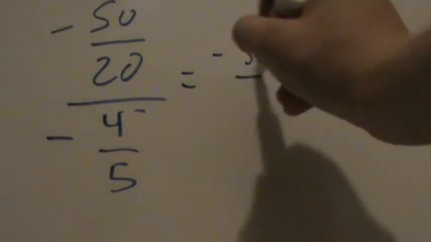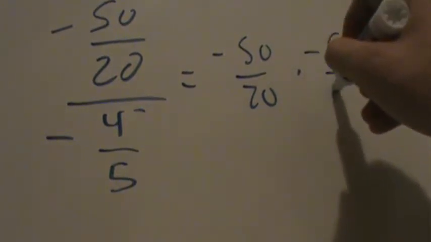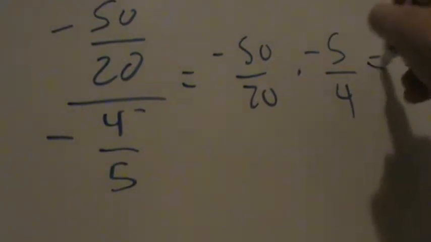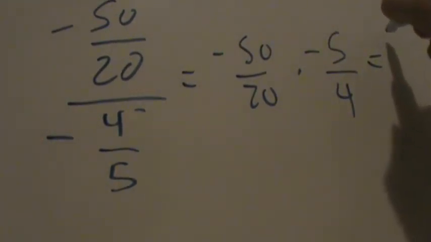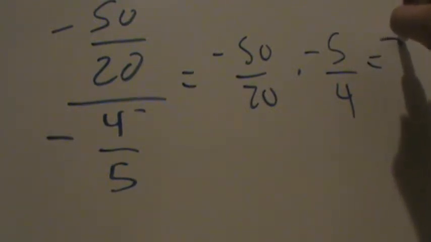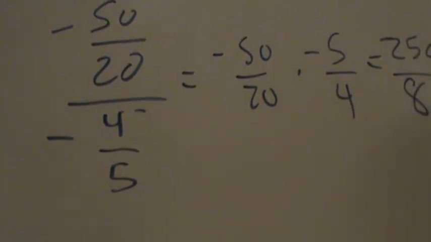We take negative 50 over 20 and we multiply it by negative 5 over 4. So what happens here? Again, you just multiply across. You have 2 negatives, so it's just like taking the positive multiplication of them. 5 times 50 is 250, and 20 times 4 is 80.